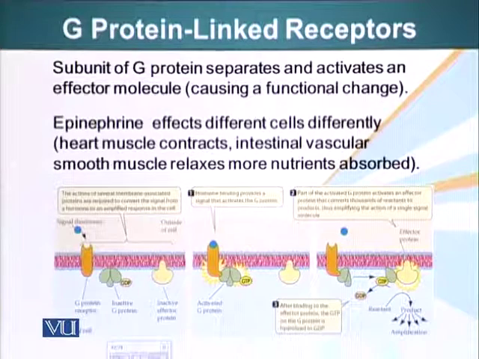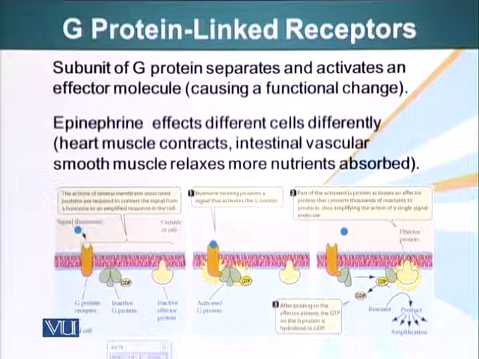One of the ligands for G protein linked receptors, coupled receptors, is epinephrine, also called adrenaline. When adrenaline binds its receptor, it causes different effects in different tissues, which we have talked about.